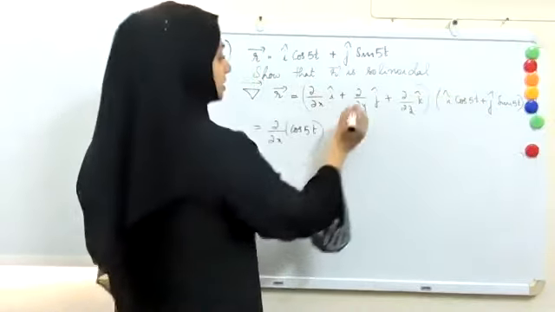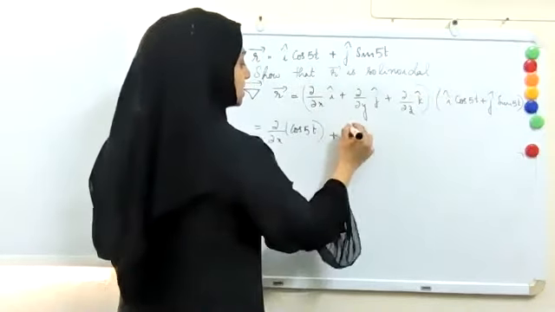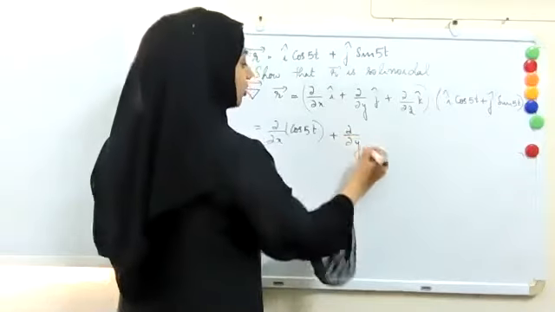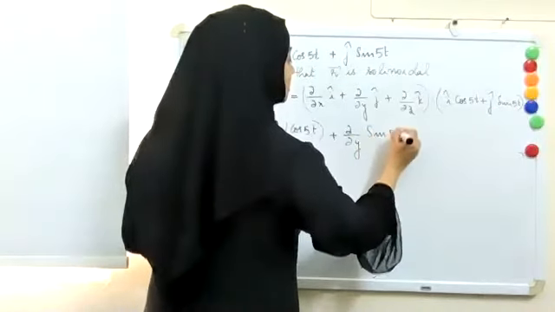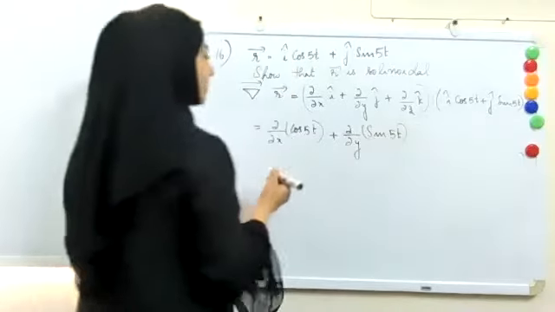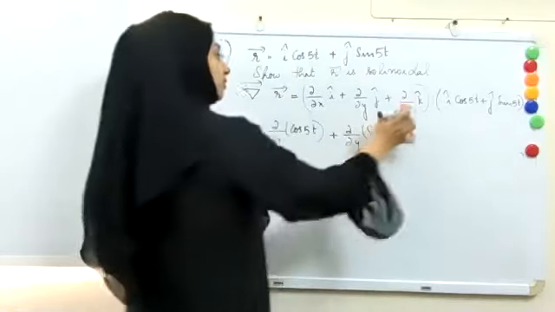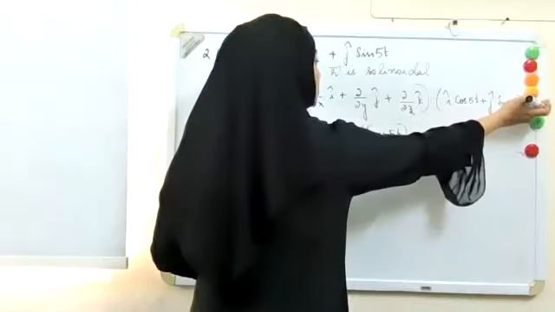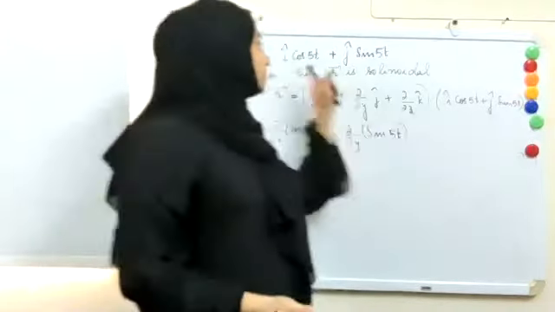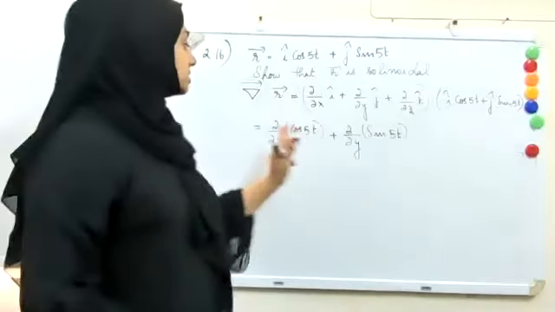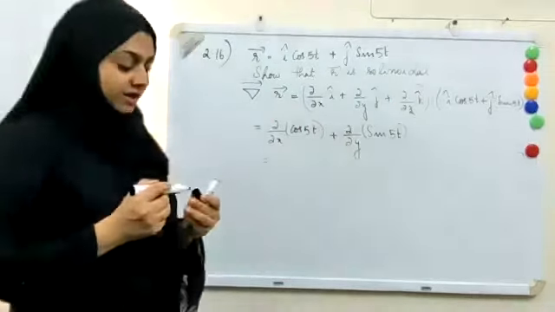Then plus dou by dou y of sin 5t. For dou by dou z, there is no quantity with k cap there, so nothing in the z direction for R. Only two terms we have here.